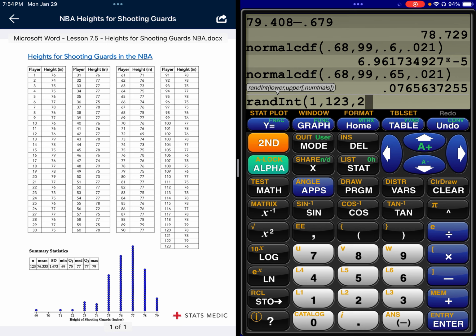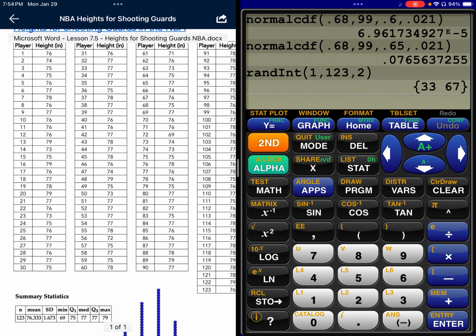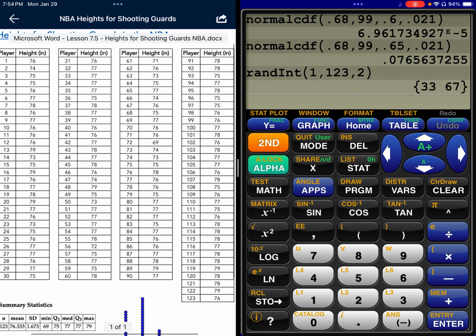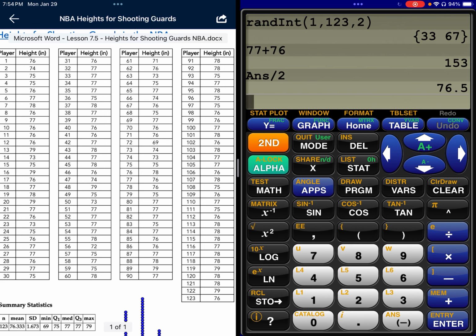But you want to do that, and you get a sample size of 2. So for example, for me, zooming in here, the 33rd player had a height of 77, and the 67th player had a height of 76. Add them up, divide by 2, and there you have it.